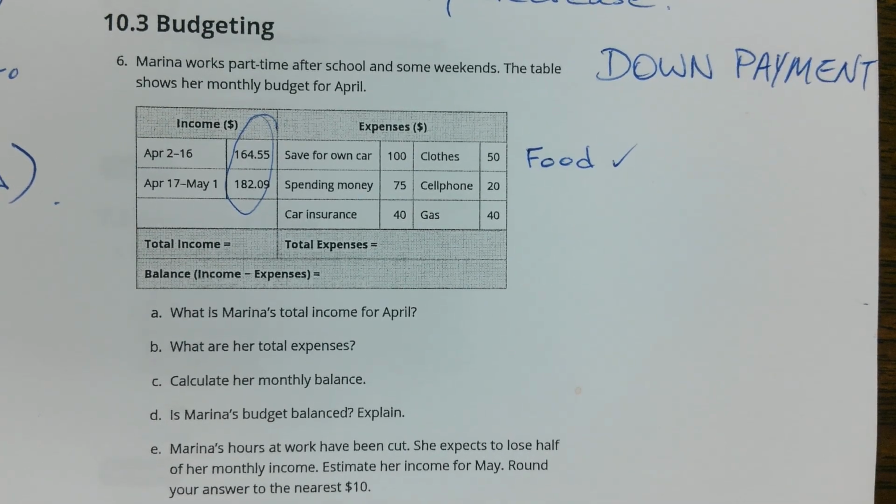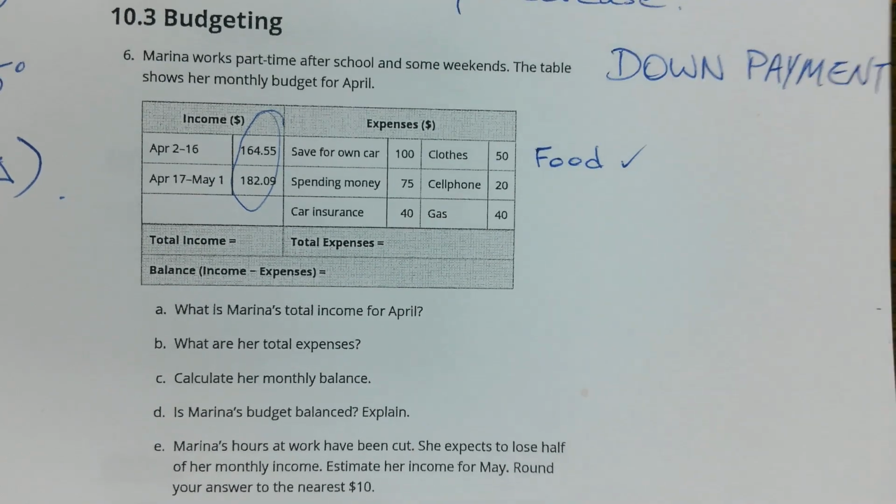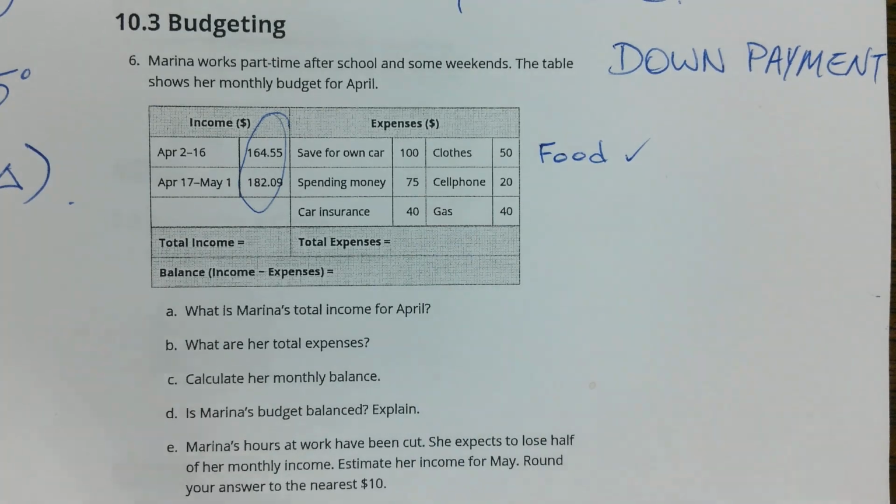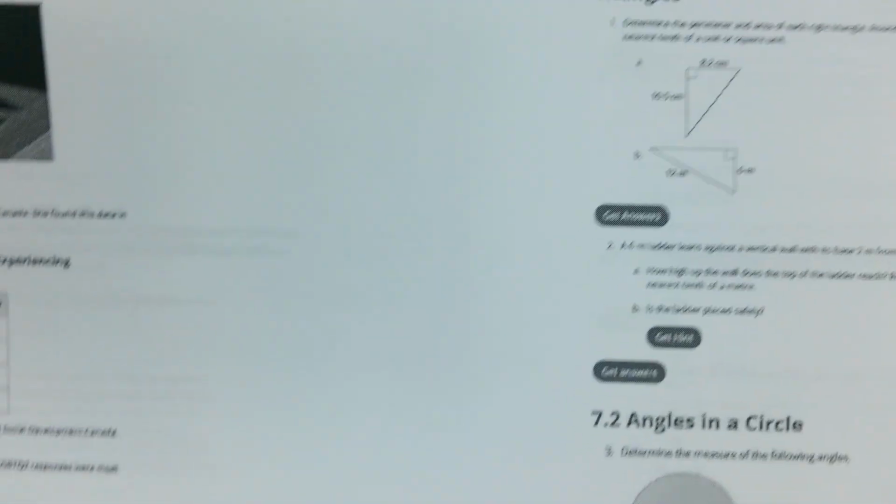Maybe she's not even that much older because she's still at school. 18, yeah, maybe 18. Maybe first year university. Okay, so essential items and luxury items. If you have to choose, make sure you pay for food and shelter.